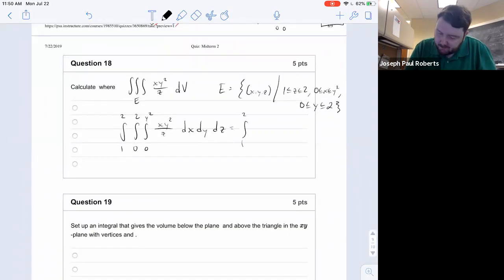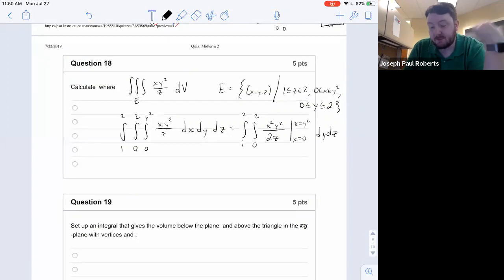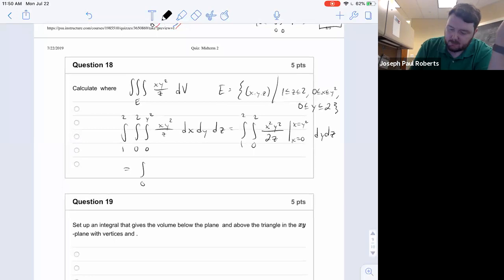So the x antiderivative is x squared y squared over 2z between 0 and y squared. So I end up getting y squared squared, which is y to the 6th over 2z.